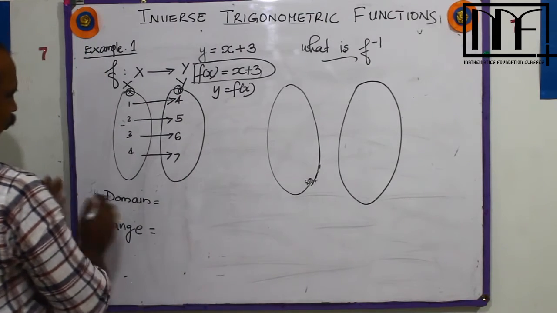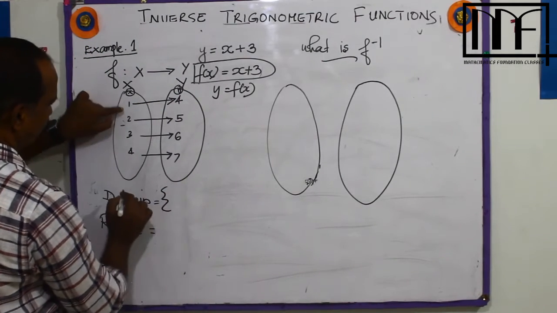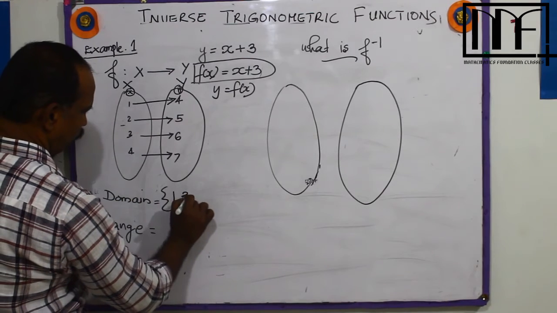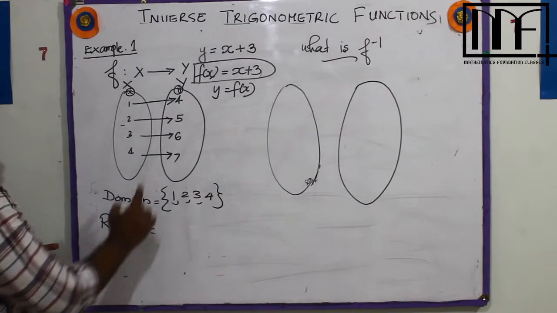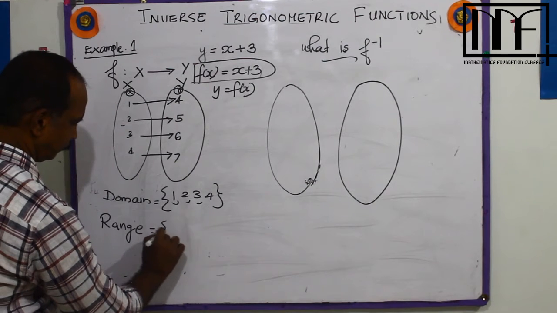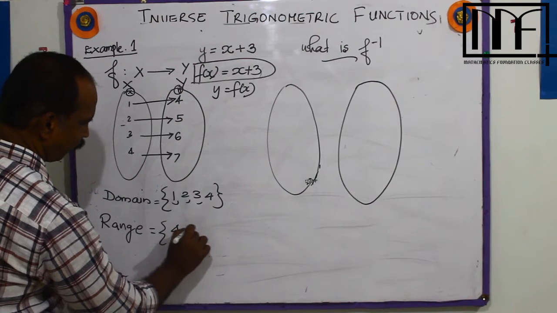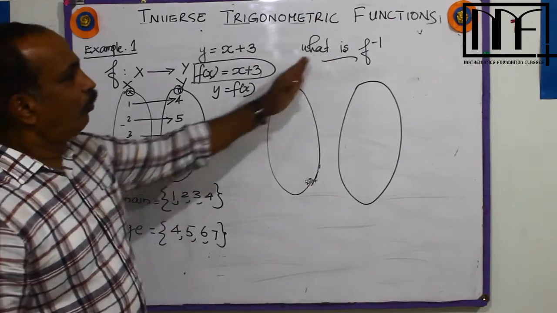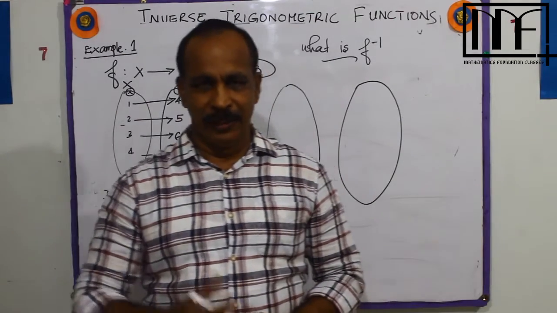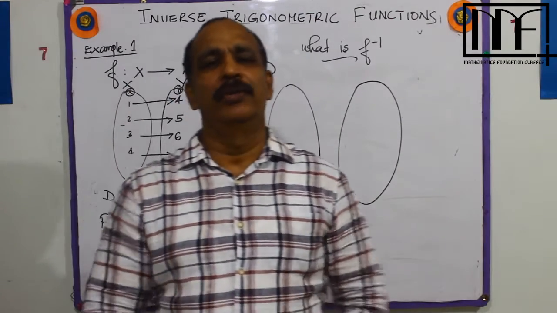Therefore, the domain elements are 1, 2, 3, 4, and the range is 4, 5, 6, 7.